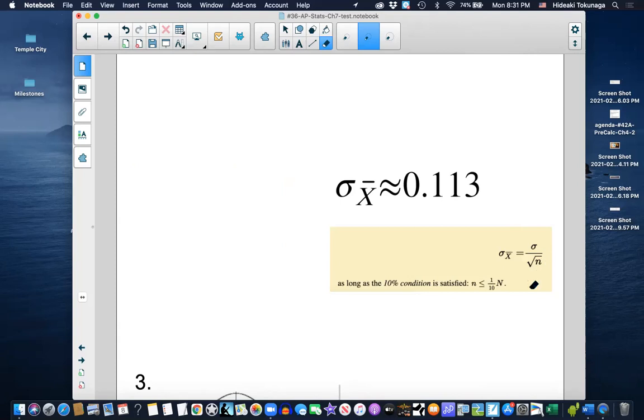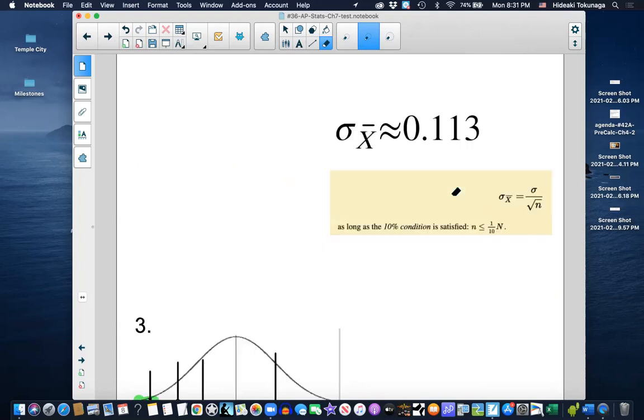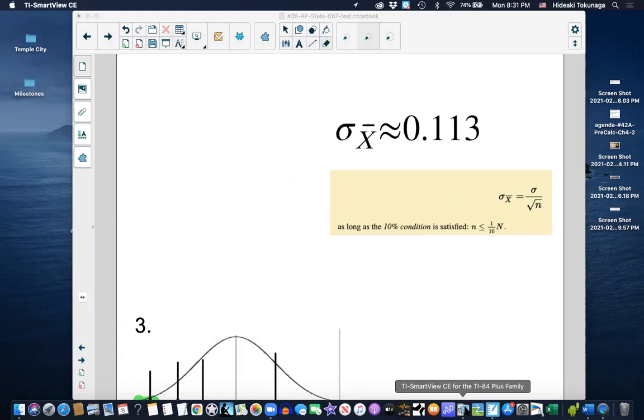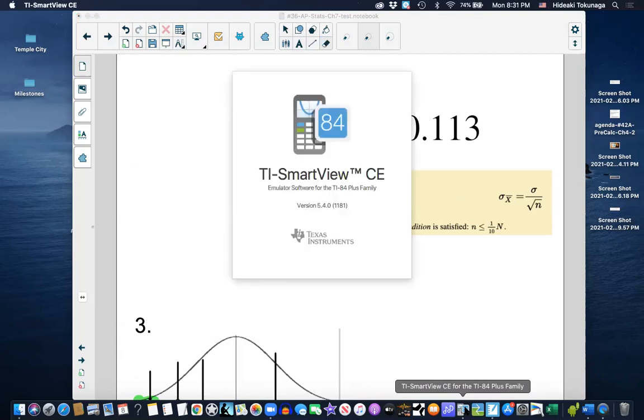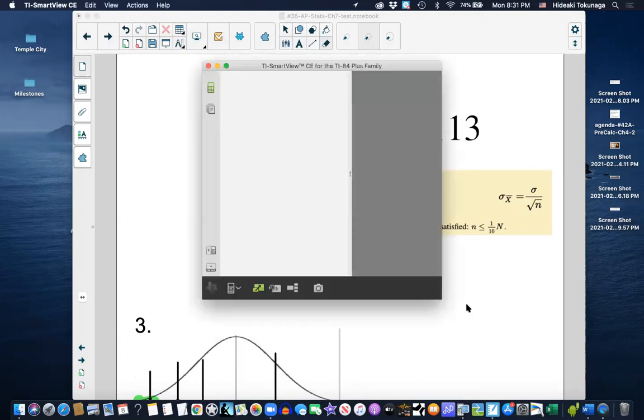Then my calculation is 0.113, let me see. Let me run the calculator. After that, that's the standard deviation we have to use. The mu is still 17.